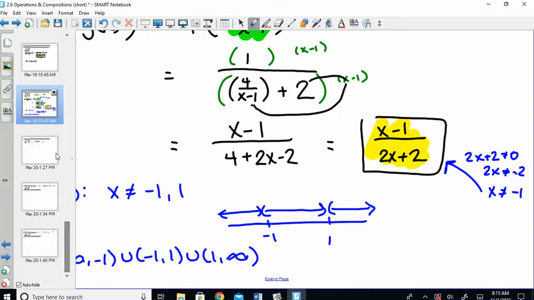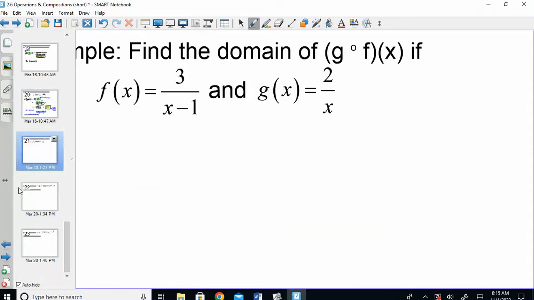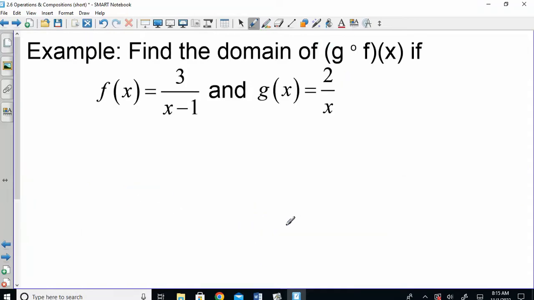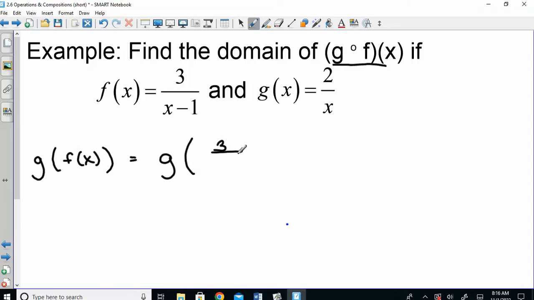Let's try another one kind of along those lines. So this time I'm asking for g composed with f. So f is 3 over x minus 1.